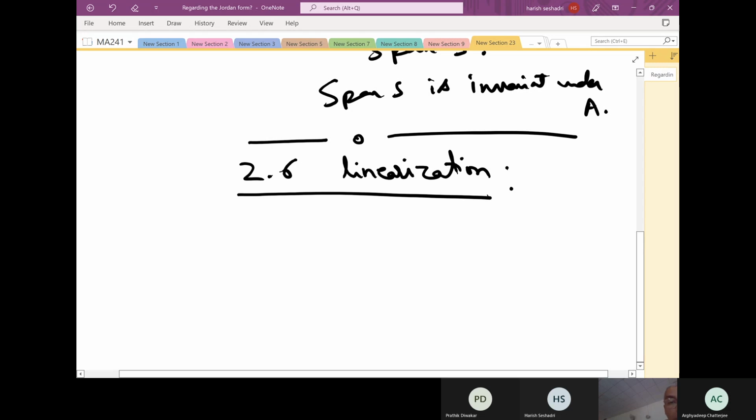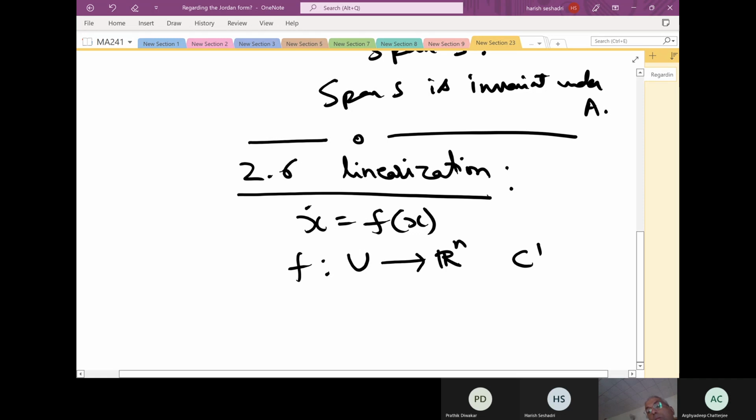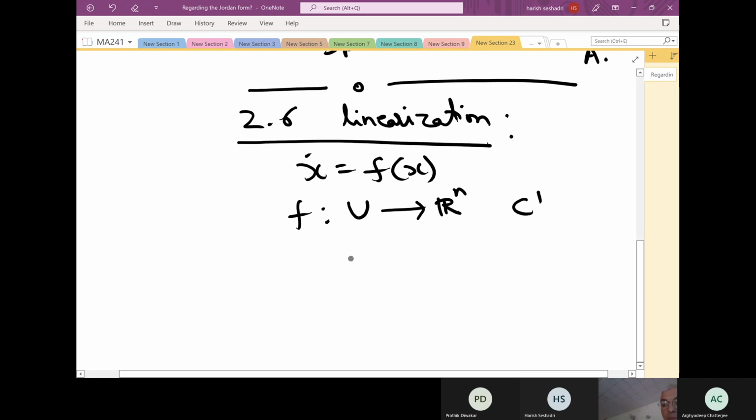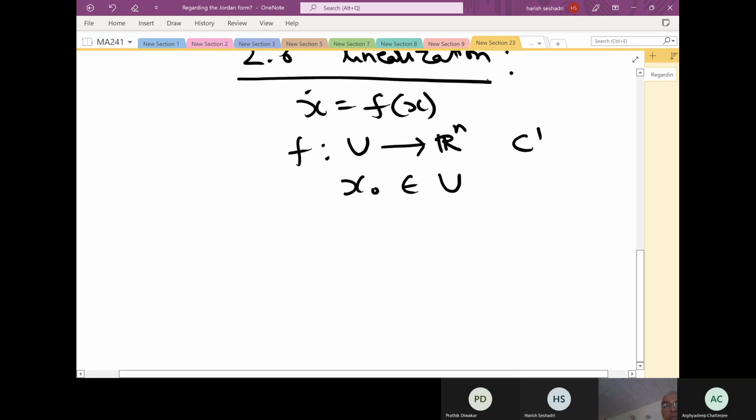So now it's section 2. We are back in the general case, x dot equal to f of x. As always, we have an open set and a C1 map. And we have a point inside that.